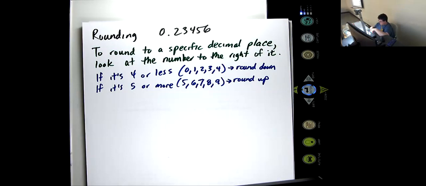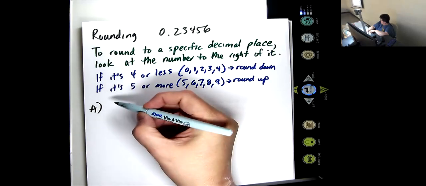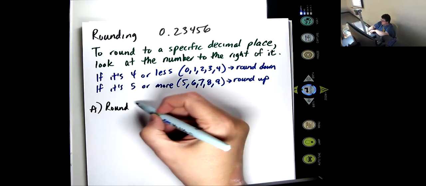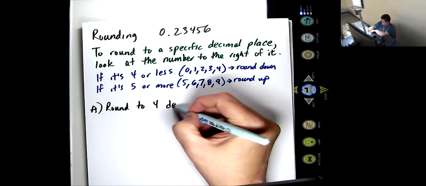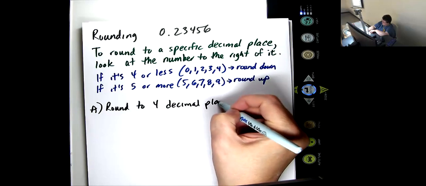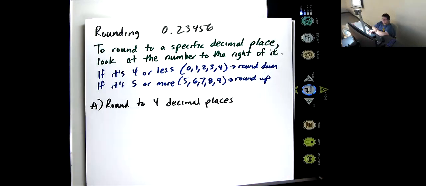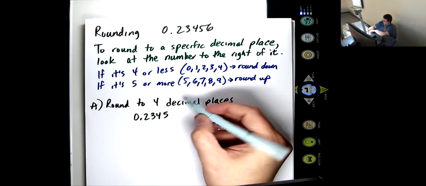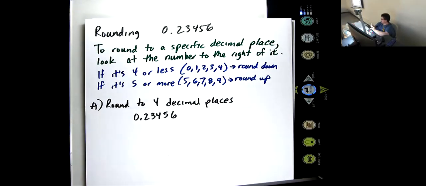So on A, let's round to 4 decimal places. A handy way of doing it is writing out those 4 decimal places and one more. If there are like 10 numbers but you're rounding to 4 decimal places, you won't need to write more than 5.